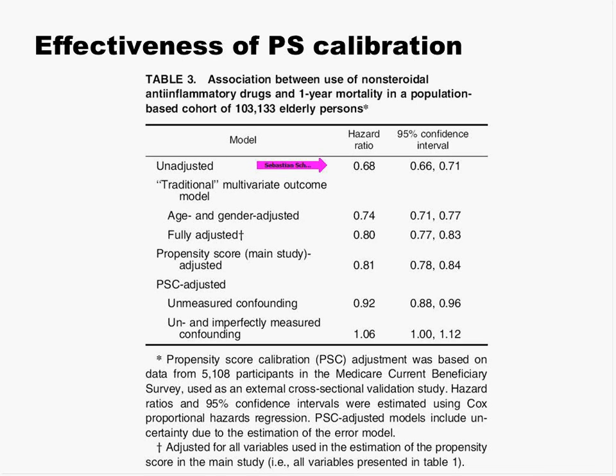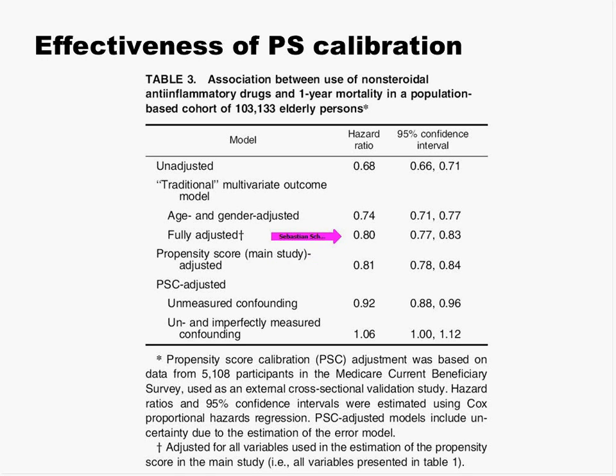And then we do the outcome model adjustment for age and sex. The point estimate is moving up towards the null as expected. Fully adjusted, with a bunch of covariates, it's moving further up towards the null, 0.80. But then, if you do a propensity score with the same variables, it doesn't do any more. Propensity score is not magic. Whatever information you put in the propensity score will be adjusted for, but not more than that.